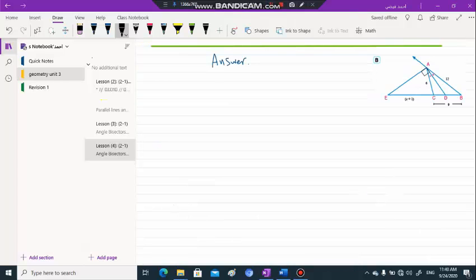In this example, we want to find the value of x, and we want to find the length of AE.